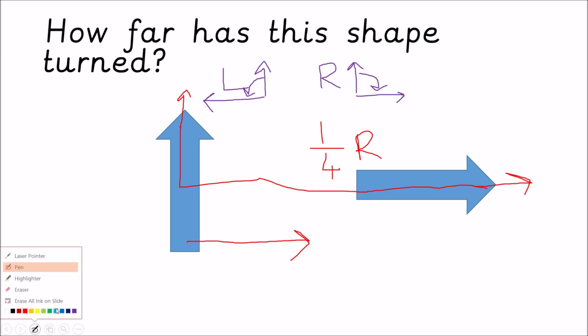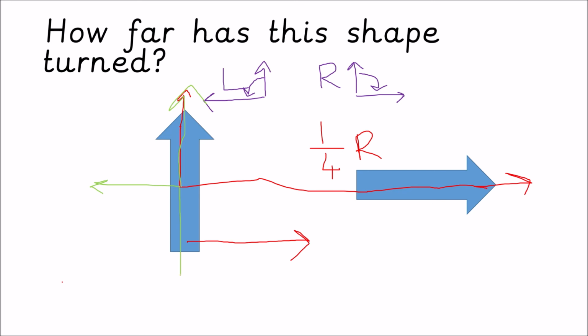So choose a nice green colour. Again, I started off up here, facing this way, and going to the left would be going anti-clockwise. So our one quarter turn would be there. The next quarter turn would be there, and the third quarter turn would be here.